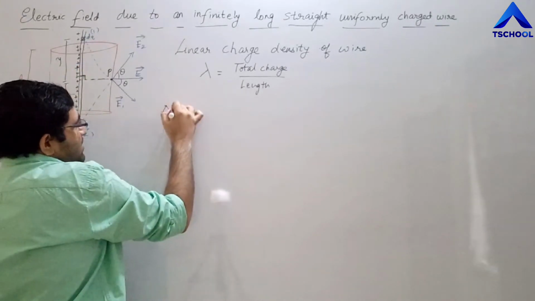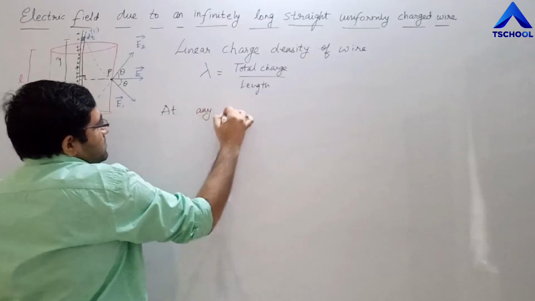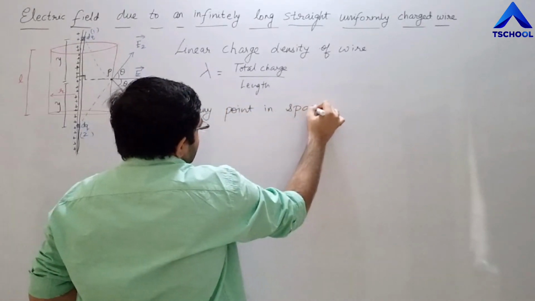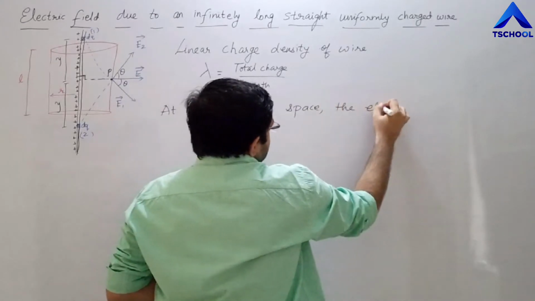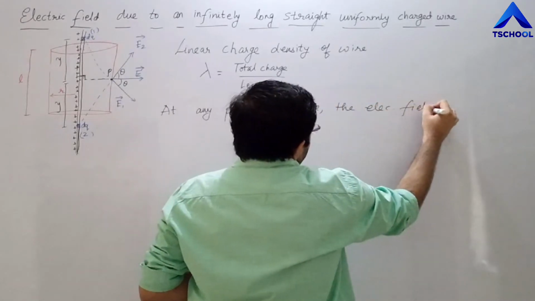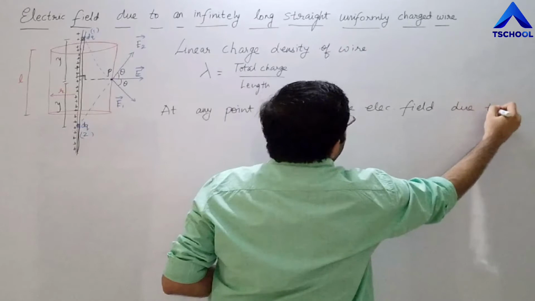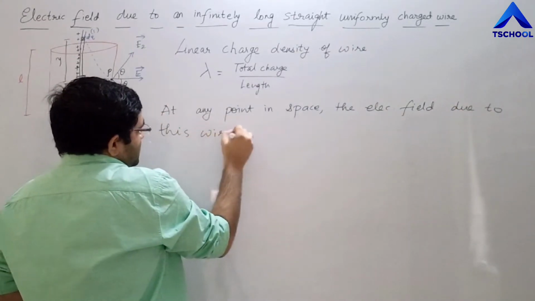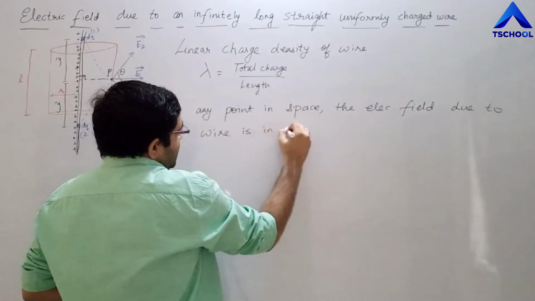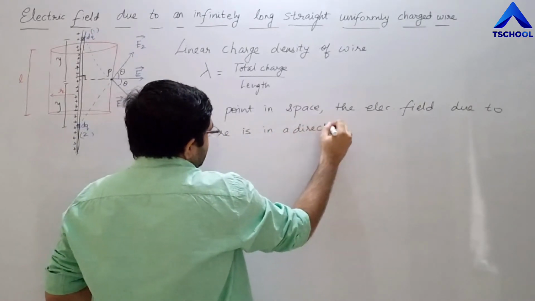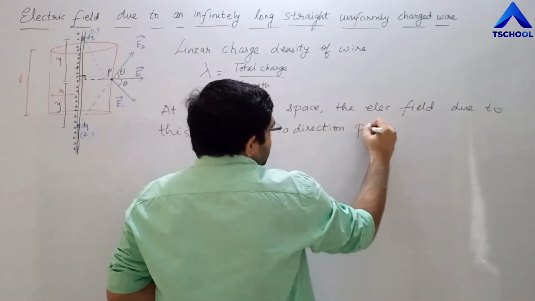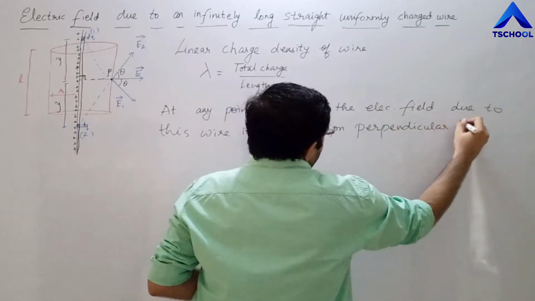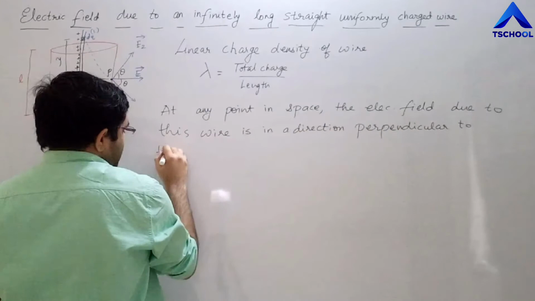So let me write that at any point in space, the electric field due to this wire is in a direction perpendicular to the wire.